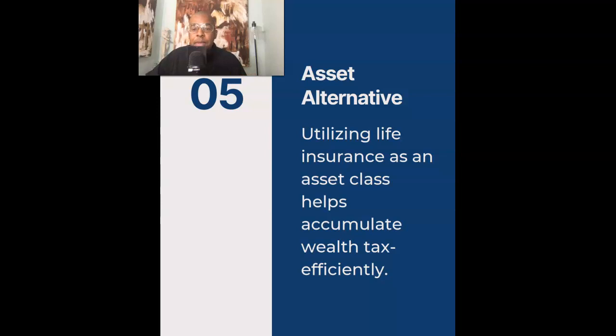It might be an alternative. It doesn't always work, but for some individuals it may make perfect sense. This is where you'd have to, of course, talk with your accountant, your financial planner, your insurance agent, whoever the professional, knowledgeable individual is. So that's the 5th way that you could use life insurance as a business owner.